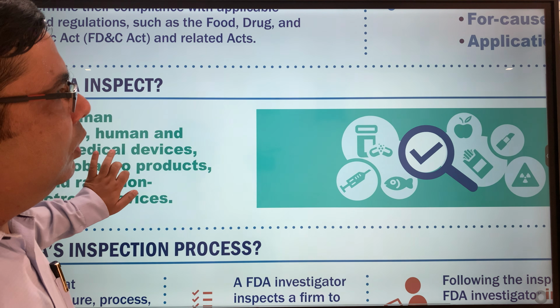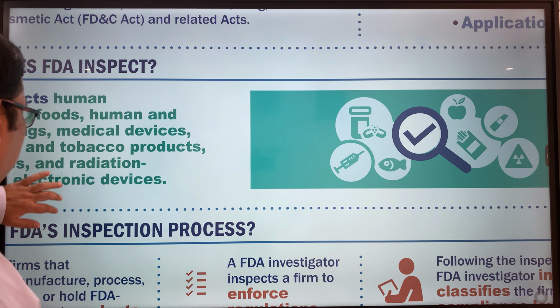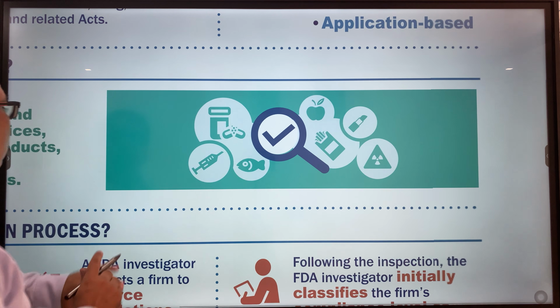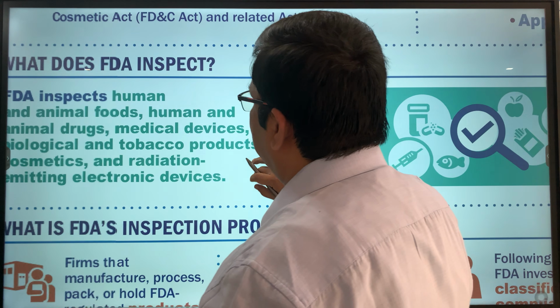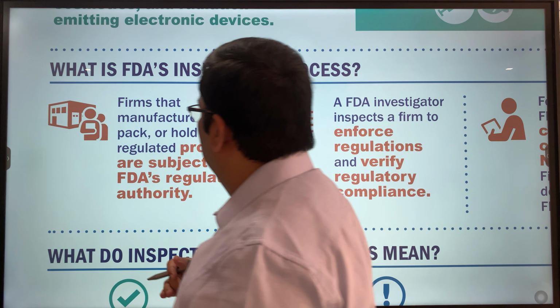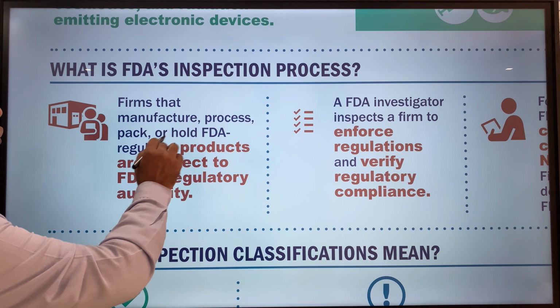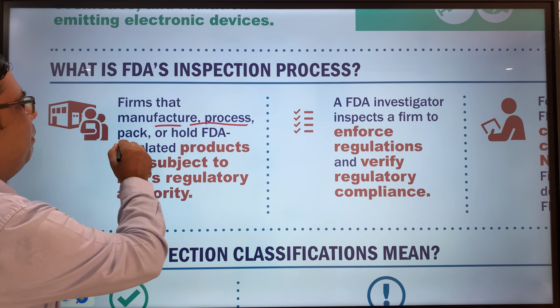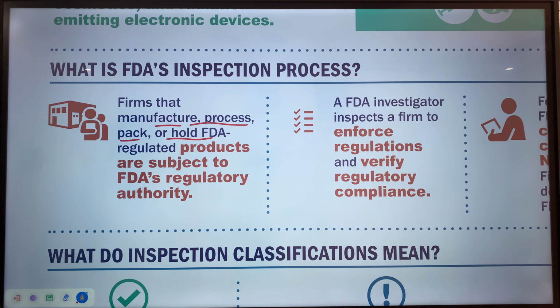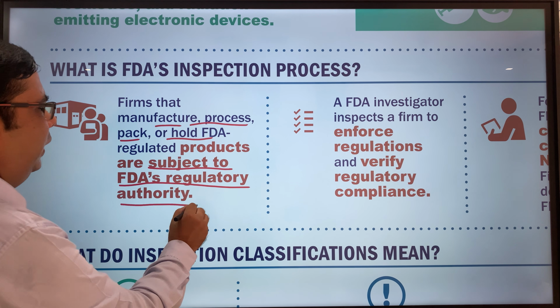Now let us discuss the inspection process. What is the inspection process? Firms that manufacture, process, pack or hold a drug product or other regulated product are subject to FDA's regulatory authority.